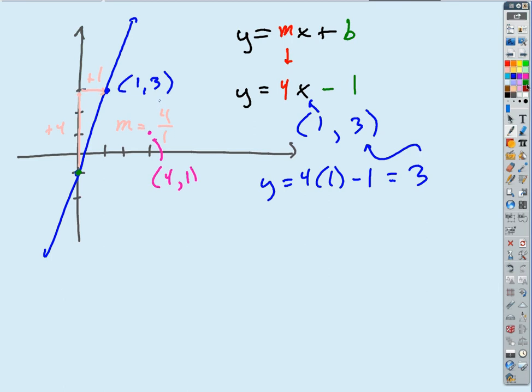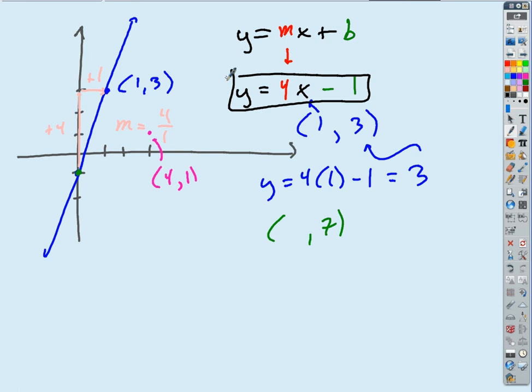So I'm going to give you another one now. This time, instead of starting with an x value of 1, let's start with the y value. Let's start with a y value of 7. If I wanted to calculate the x value, how could I use my equation of the line to do that? What do you think? Hey, Alani, what would I do? Yeah, sure.